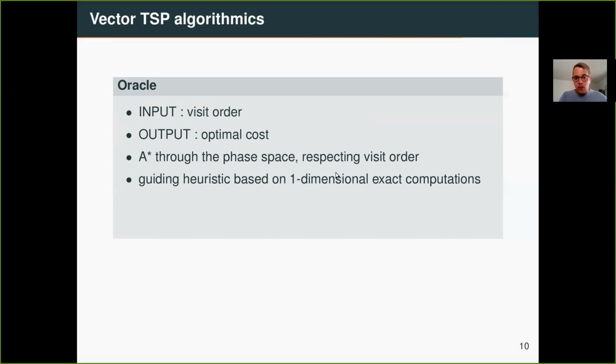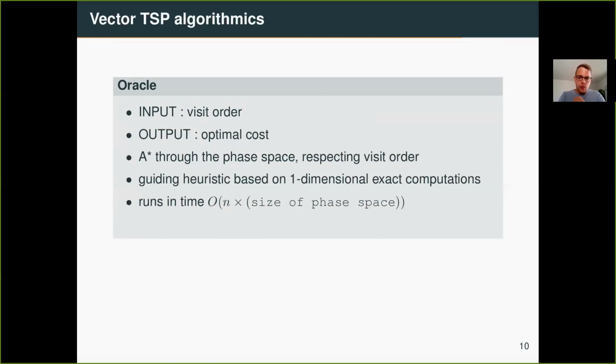But it's based on a one-dimensional version of our instance. So we kind of take the shadow of our two-dimensional instance. We look at it from the y-axis, we look at it from the x-axis, and then we compare these two, and somehow the minimum guides our A star algorithm.